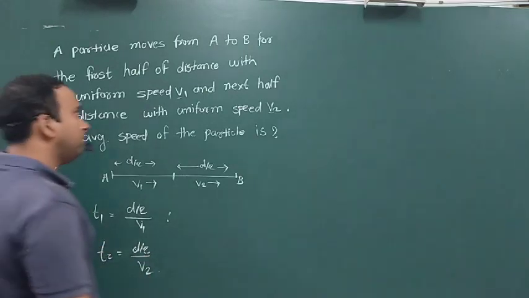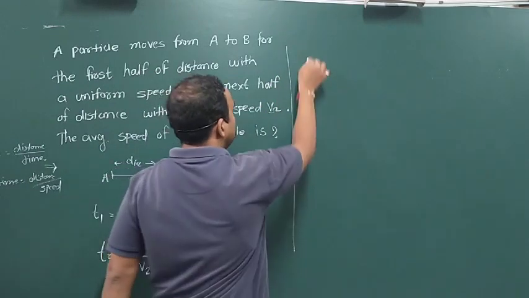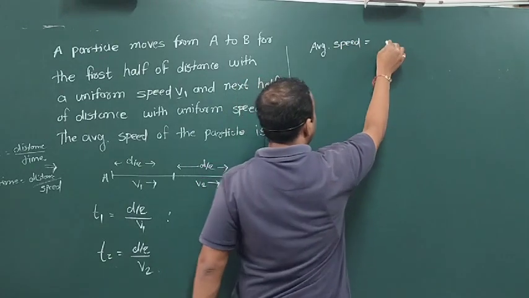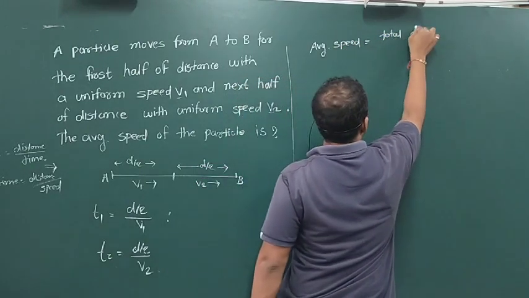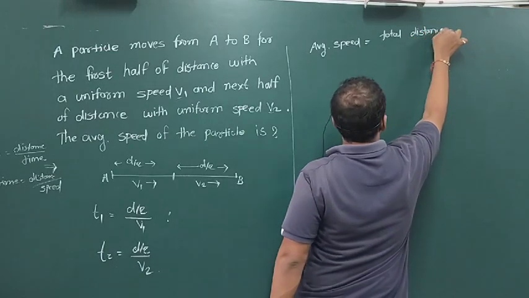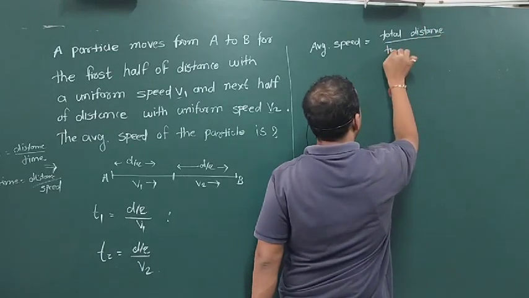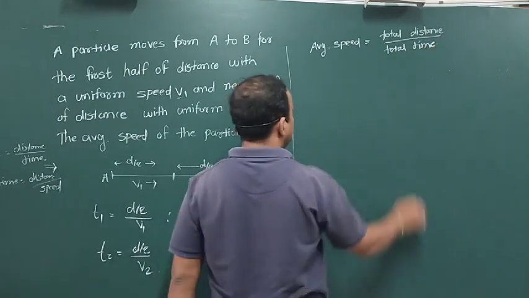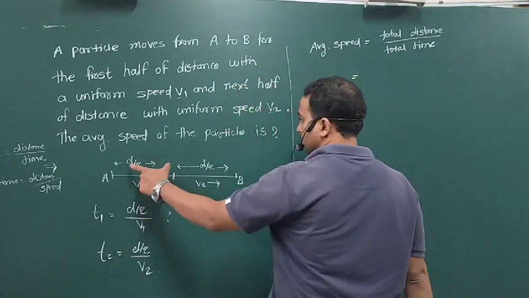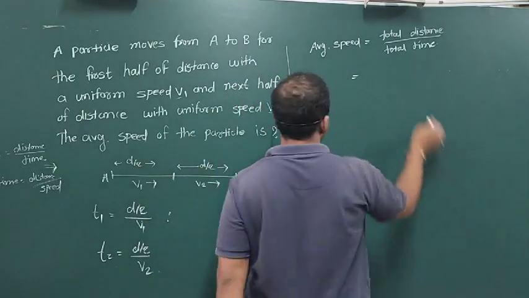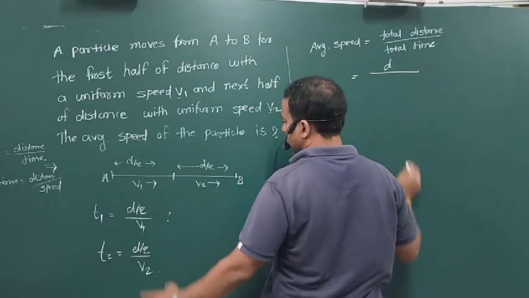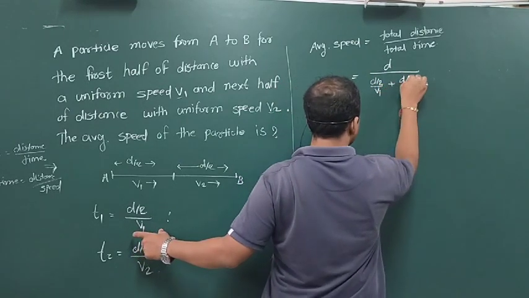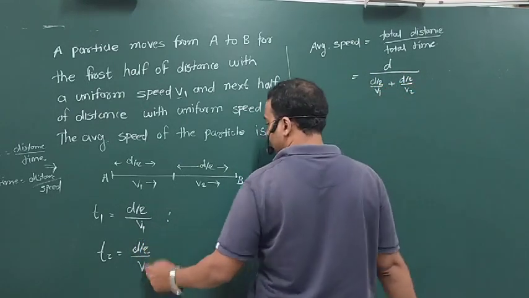Now we find the average speed. Average speed is equal to total distance upon total time. Now see here, total distance is d by 2 plus d by 2, that means d, upon total time, d by 2 upon v1 plus d by 2 upon v2.